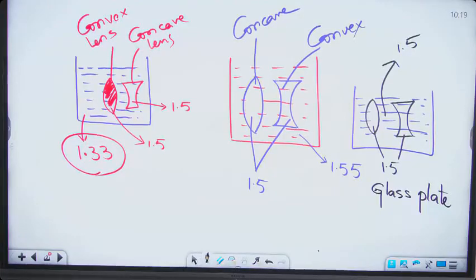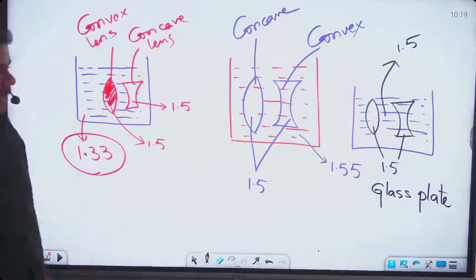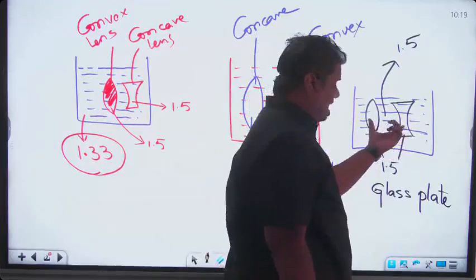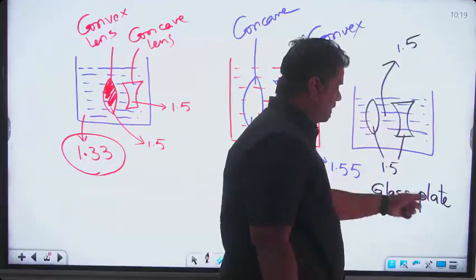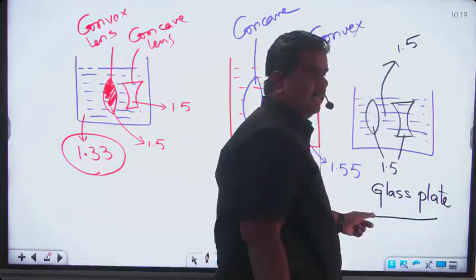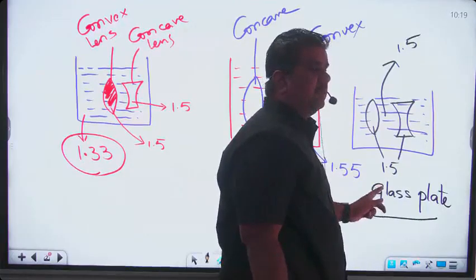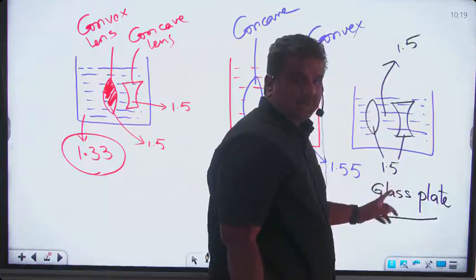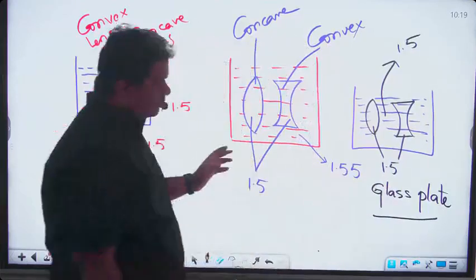Any glass plate also has an infinite focal length. So whenever you place a convex or concave lens in a liquid of equal refractive index, the lens will behave as a plain glass plate. Right, these are the points.